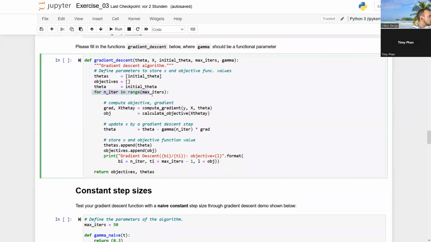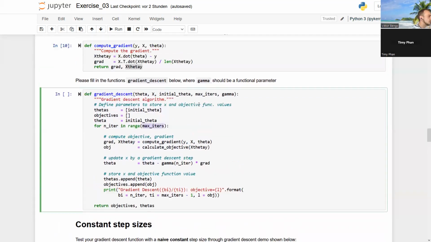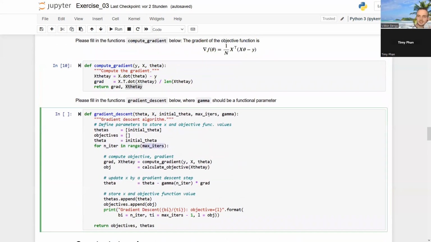And we do this a couple of times. To be more precise, we have a maximal iteration number, which is a parameter of the gradient descent here. We track a couple of things, namely the evolution of the thetas, of the solution candidates, and also how the objective function is changing over time.